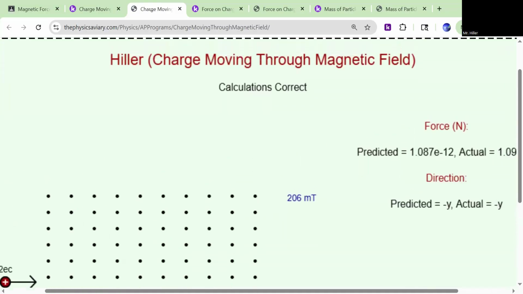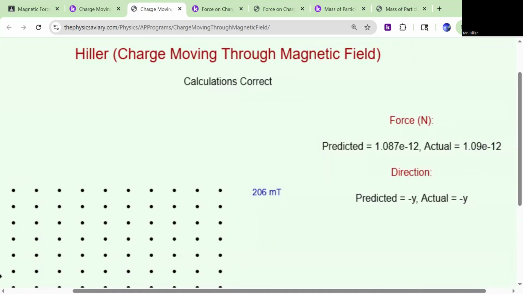And there we go. Hopefully you were able to get question number 1 correct as well.